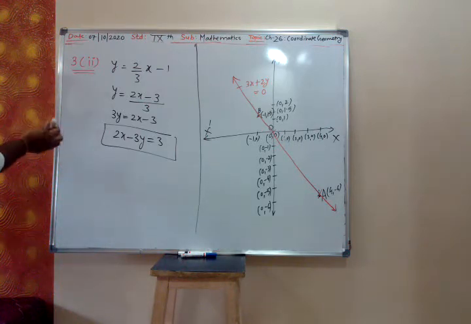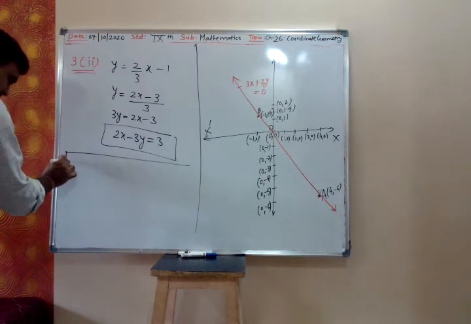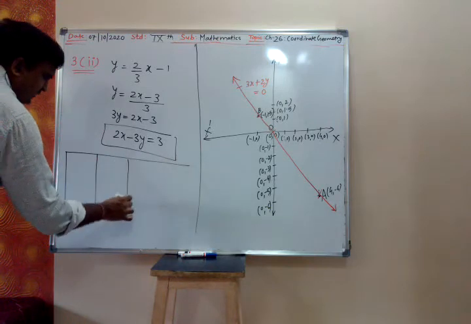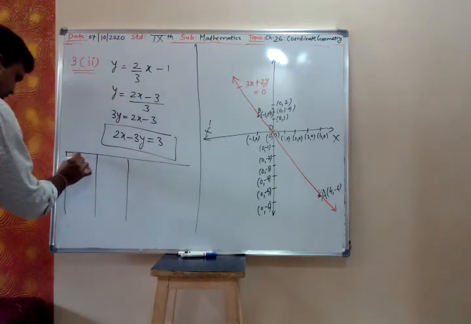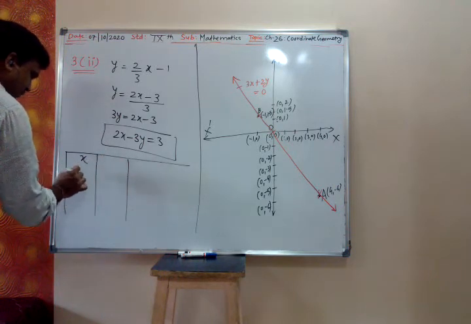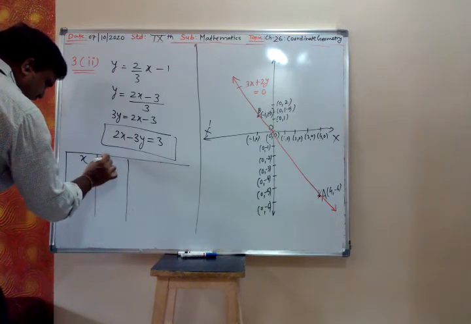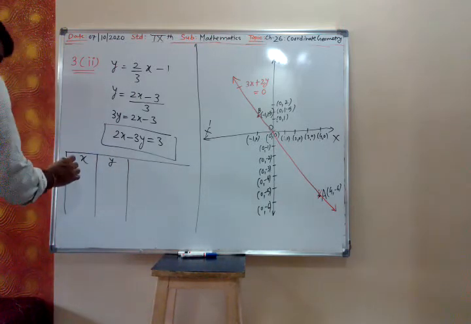So now we plot this. We need to find 3 points. You have to find a point, no?